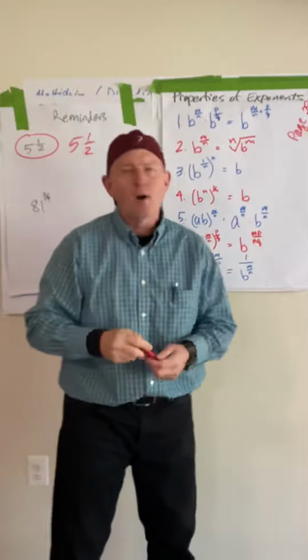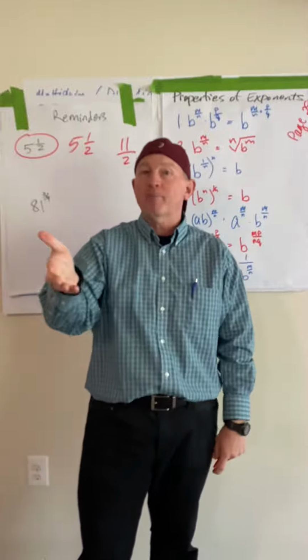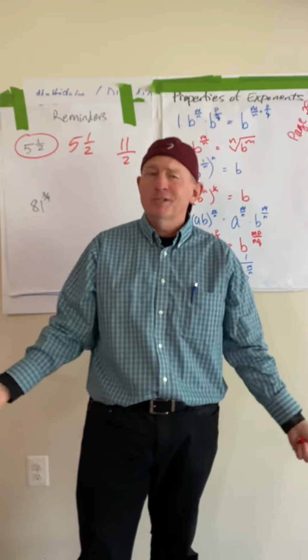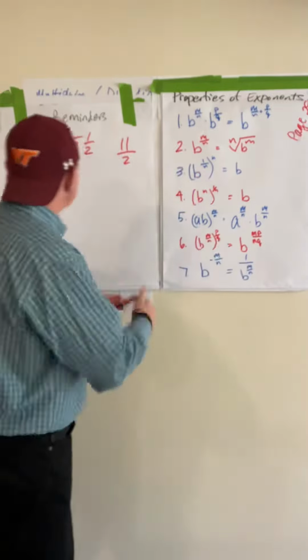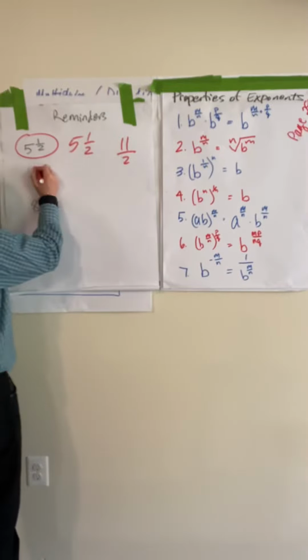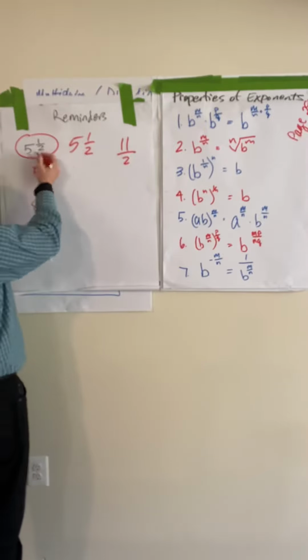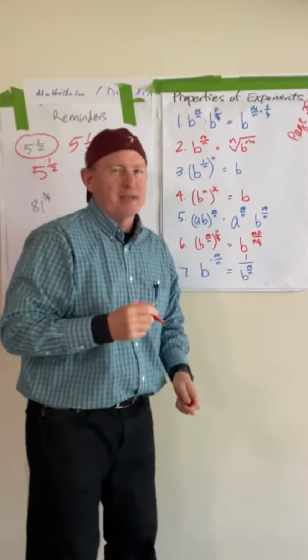Okay, that's all well and good, but we're not in 3rd grade. You're not going to have a math problem that says convert 5 1/2 to an improper fraction. I mean, come on. We're big boys and girls. That is 5 to the 1/2 power. Not 5 1/2. That was bad that you guys are reading that like that.